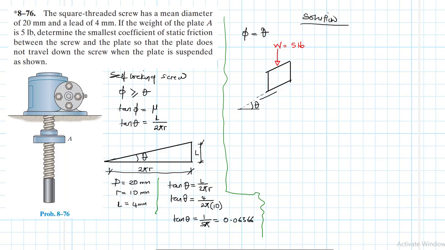So we are going to have a component, the friction there, which is F, and the normal force like so. Alright, so for theta, or for phi to be equal to theta, then we expect the resultant to just be vertical, right?